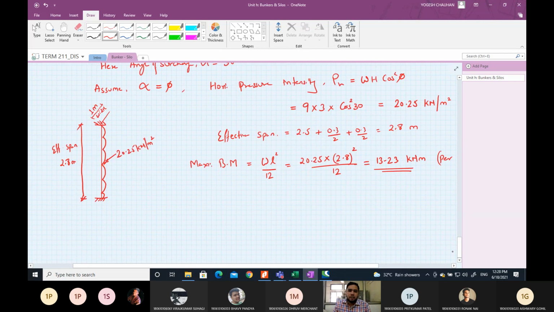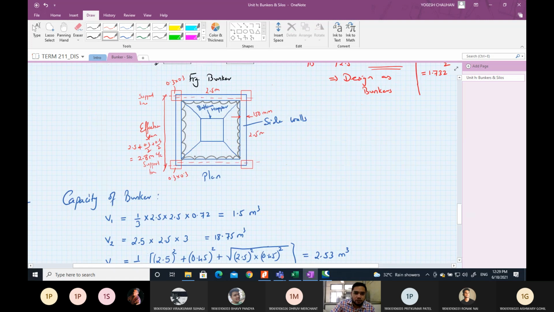Next we will find the tension in the walls, because the pressures on opposite side walls will cause tension in these, and these two pressures will cause tension in these two walls. So we have to find the tension also.